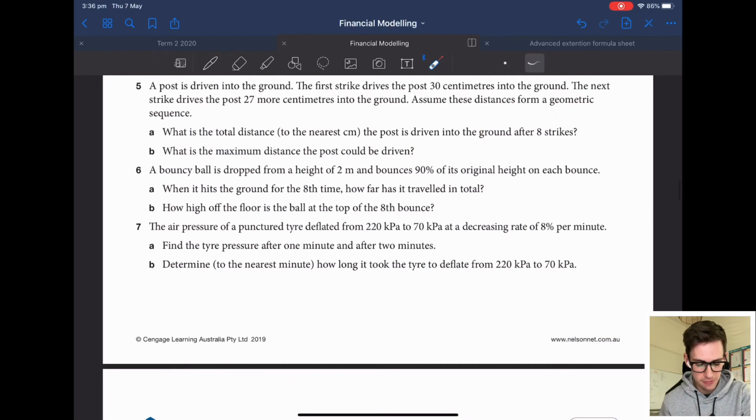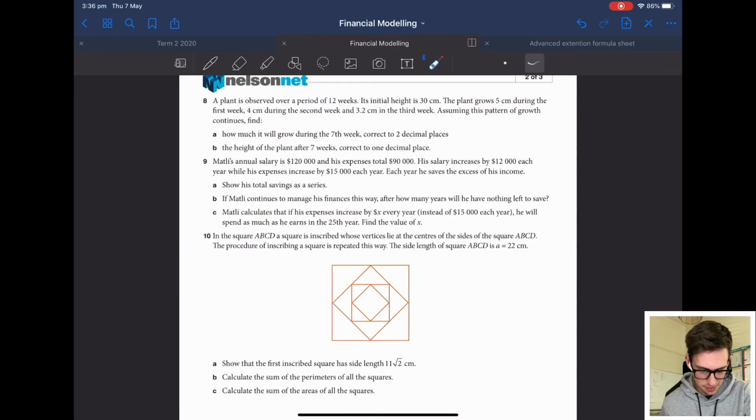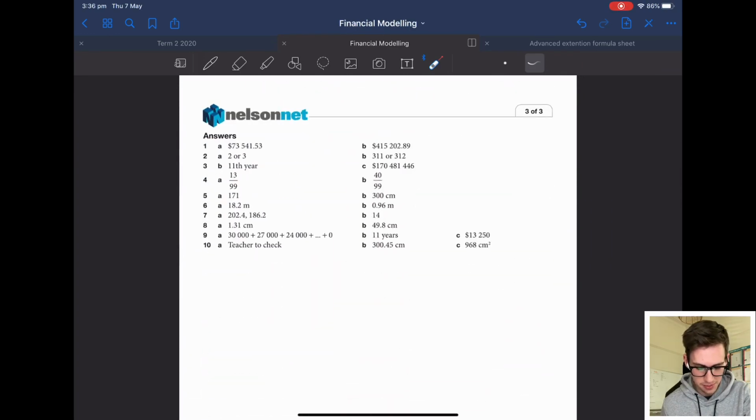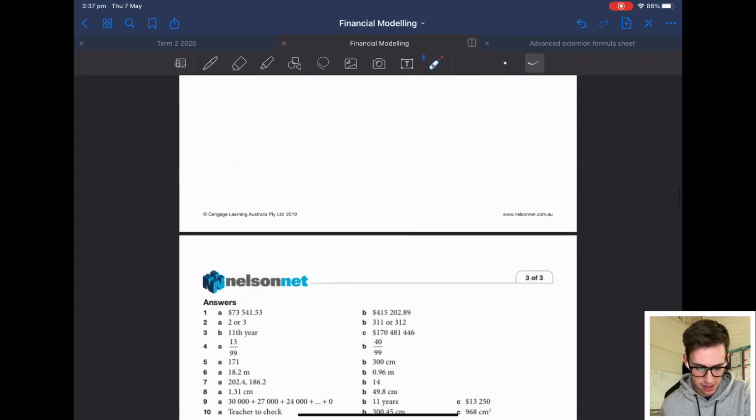So maybe try to do 5, 6, 7, and we can work through those together, or at least have a go. They're really hard, see what you can do. There is a whole heap there that you can do if you have time, and there are answers there as well. Again, some of the answers can be a little bit confusing, so feel free to check in with me. For example, with this one I disagree with their wording, whereas there's 2 or 3, because I think it means in total. Okay, cool. Hit me up with any questions, and I'll see you soon.